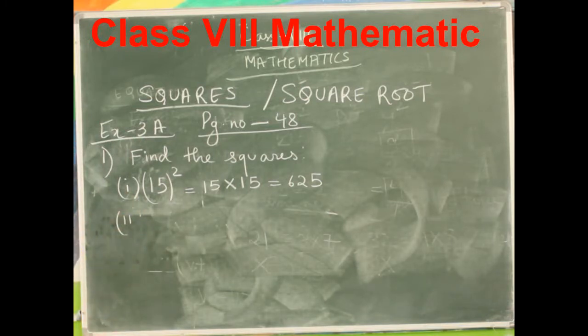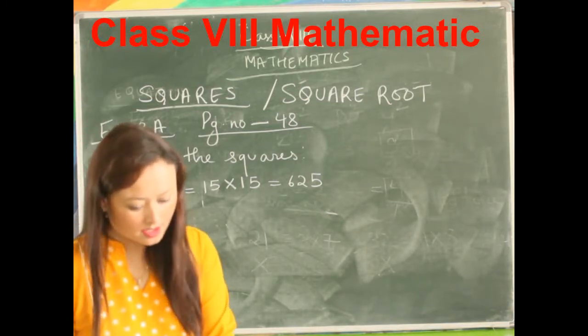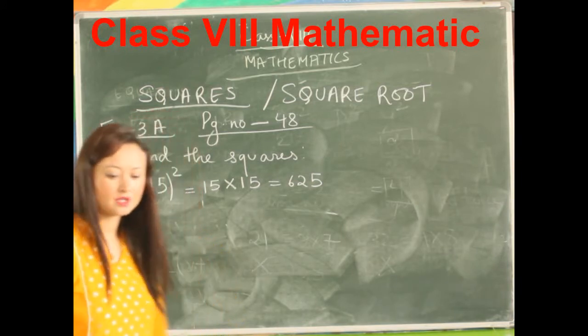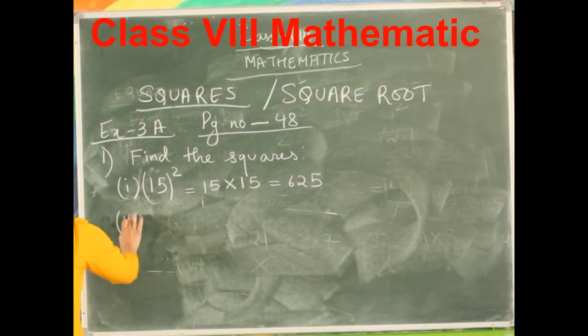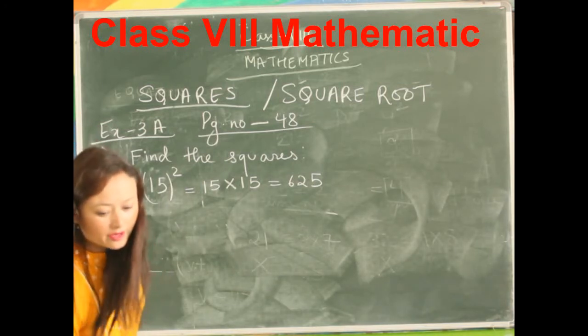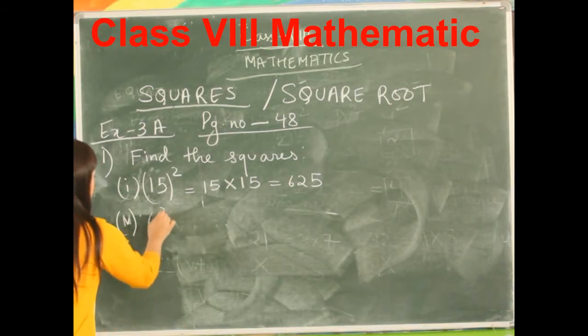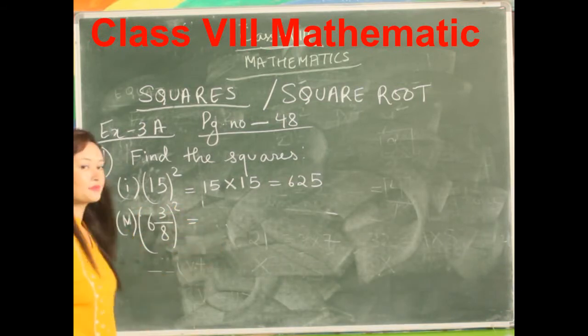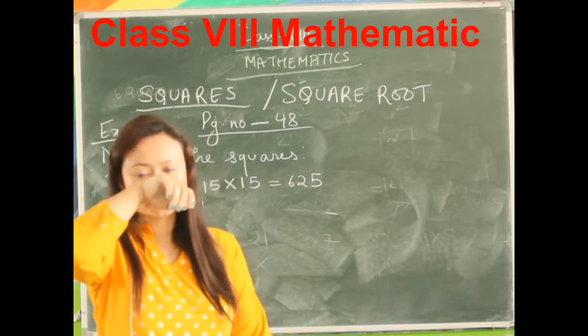The next number that I'm going to be doing is number 5, because in number 5 we have 6 3 upon 8 whole to the power 2.